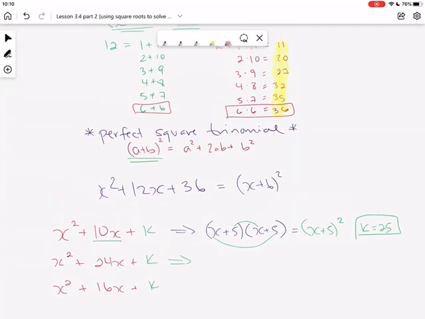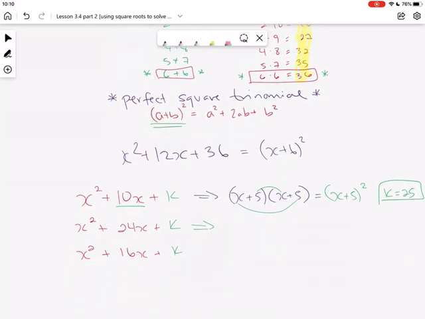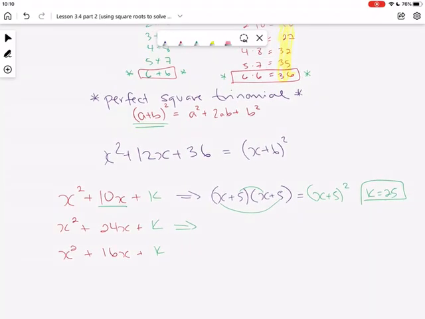In this next one, again, whatever 24 is, we're looking for this type of relationship where we see this repeating number appear again, and that's going to happen when we have 12 plus 12. So in this case, we're going to have x plus 12 times x plus 12.